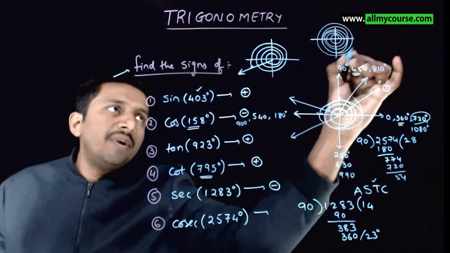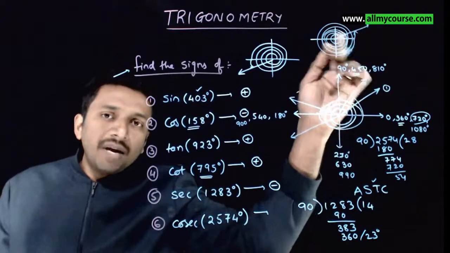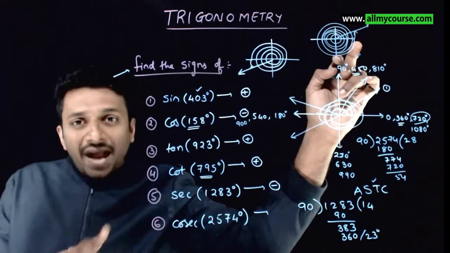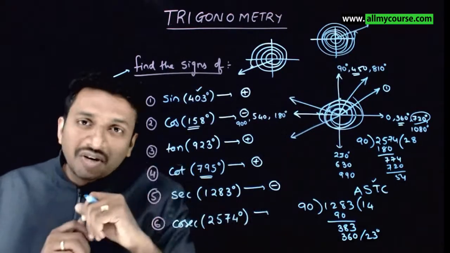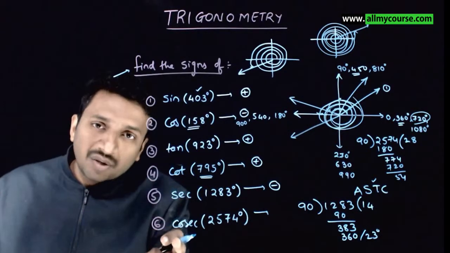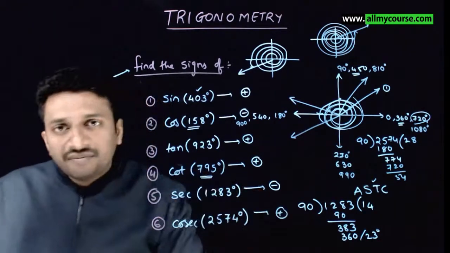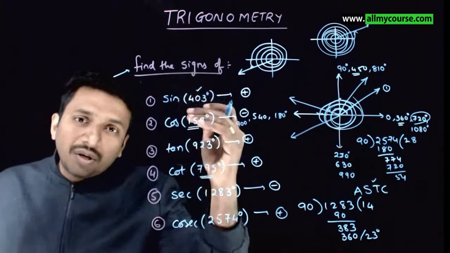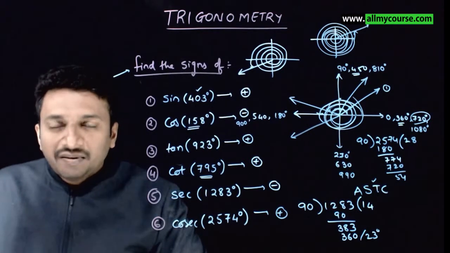So you have 7 complete rotations plus some acute angle, 54. 7 complete rotations bring the ray back to the original position, and from here you go 54 degrees extra. So the ray obviously stops in the first quadrant. In the first quadrant, all signs are positive, so cosecant is also positive. I hope you have understood how we decide the signs of the trigonometric ratios. Thank you.